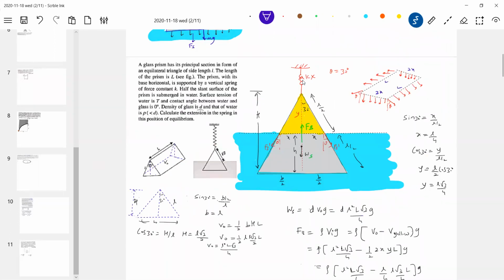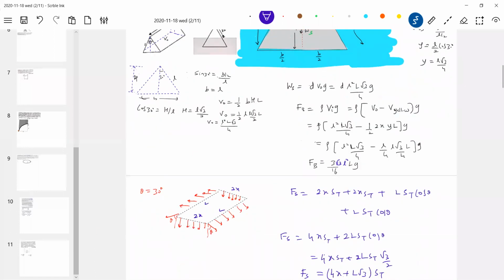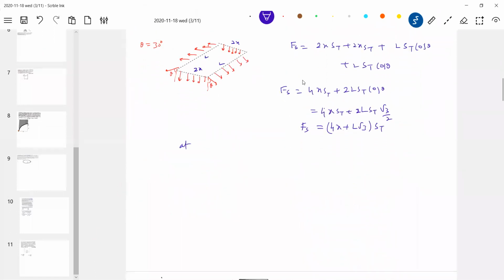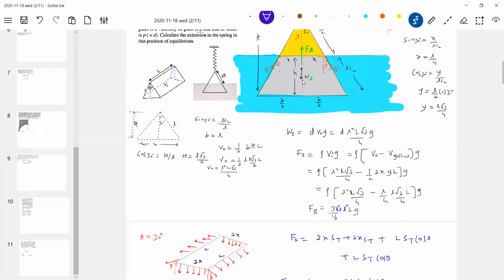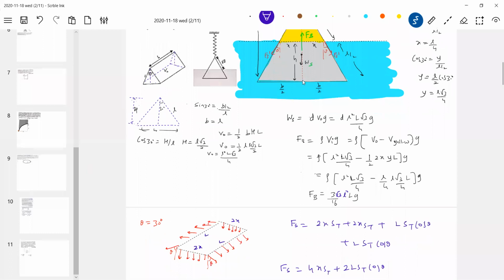Spring force, buoyant force, weight, and force due to surface tension. So spring force at equilibrium of the prism. Net force due to surface tension is this one. Here I think we have written Fs dash, I think it is correct. The resultant force is what we are showing like this.